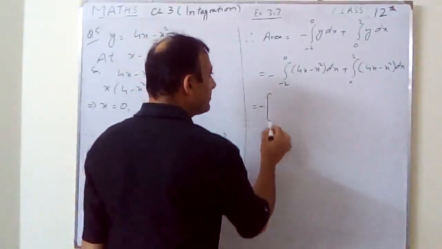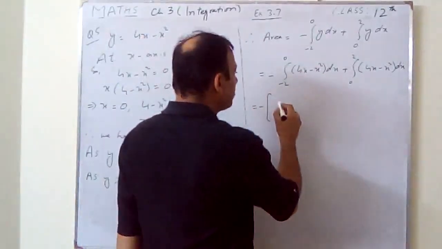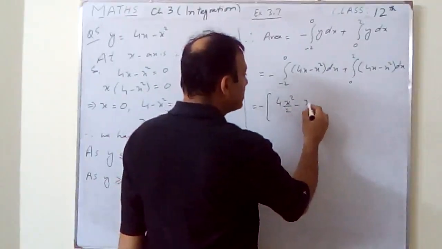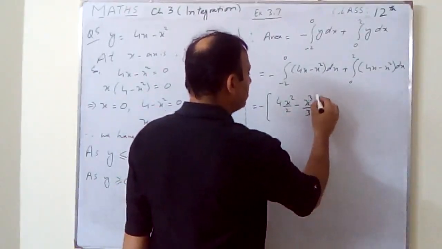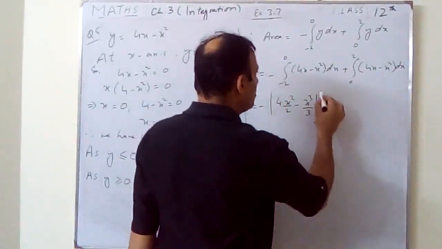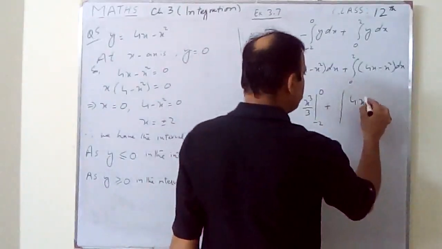So minus the integral of this value: 4x square by 2 minus x cube by 3, from -2 to 0, plus again the same.